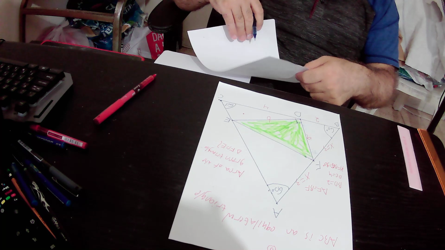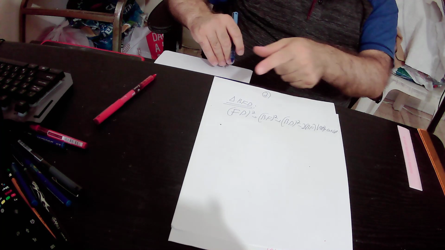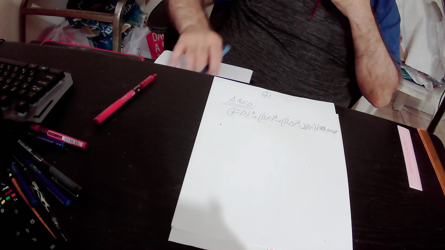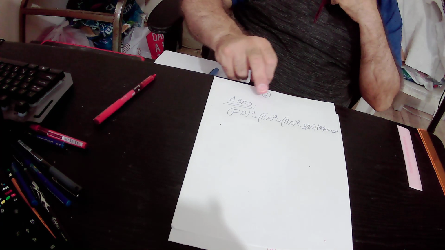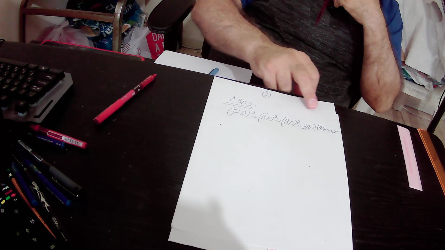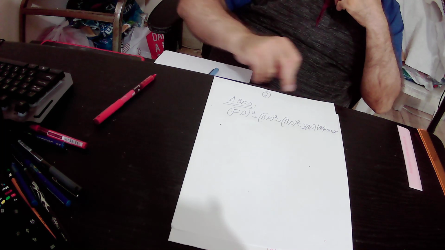So, according to the law of cosines, in the small triangle BFD or FBD, FD square equals BF square plus BD square minus 2 times BF times BD times cosinus 60 degrees.